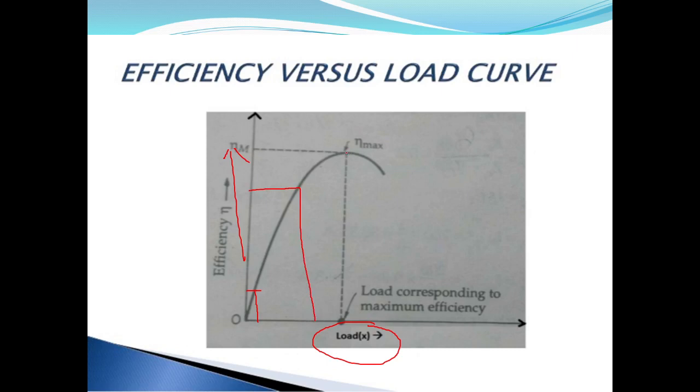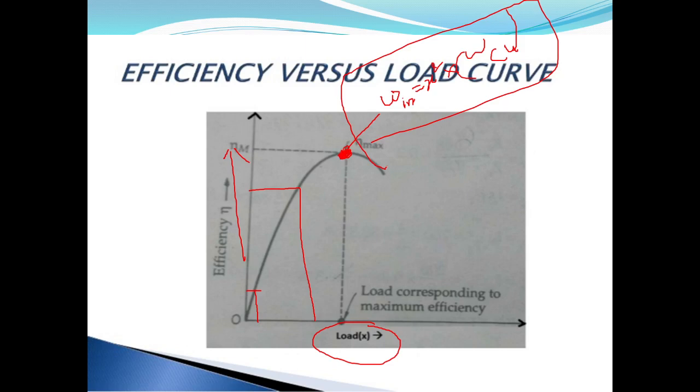At a particular point the efficiency is maximum. The condition for maximum efficiency is that iron losses equal the fraction of the percentage load squared into copper losses. Only at this condition do we get maximum efficiency.